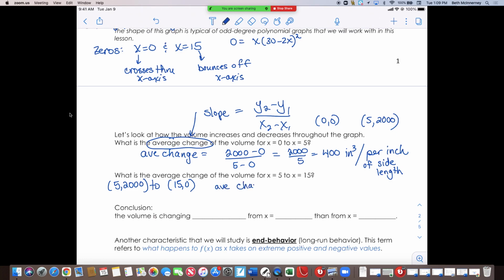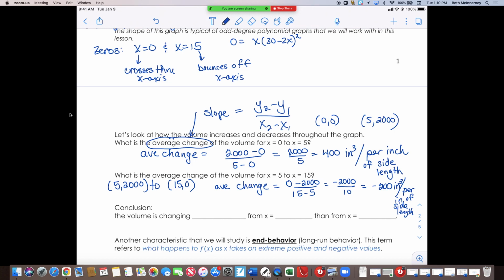So the average change of the volume would be 0 minus 2,000 over 15 minus 5, which would be negative 200 inches cubed per inch of side length. What does the negative tell you about the change? It's decreasing, right? The negative rate of change means it's decreasing.